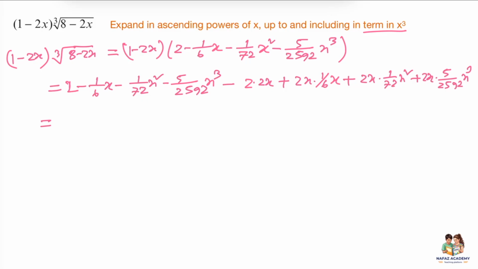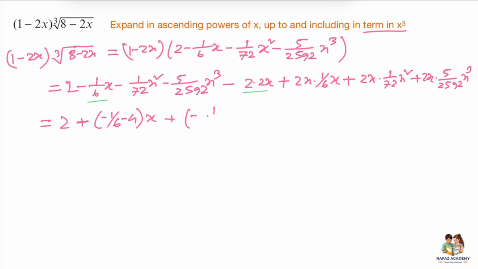Now the numeric term is 2, and there is nothing else. So it is 2. X terms, how many x terms are there? This one, and where is that one? It is minus 1 by 4 and minus 1 by 6 x. What is the result of the calculation?